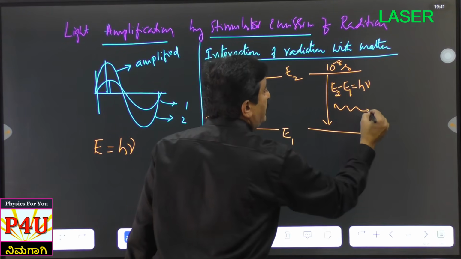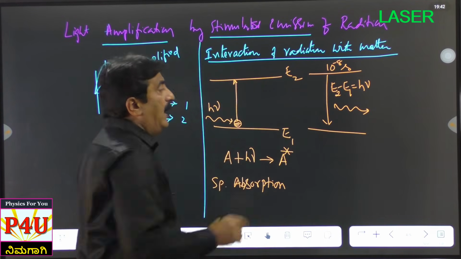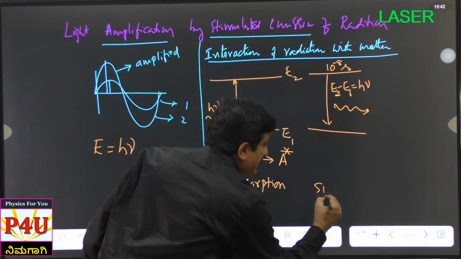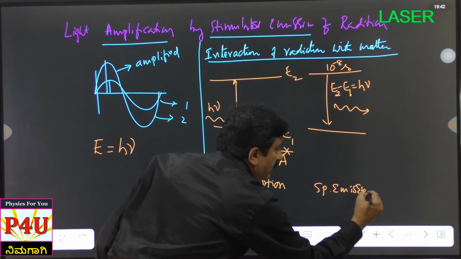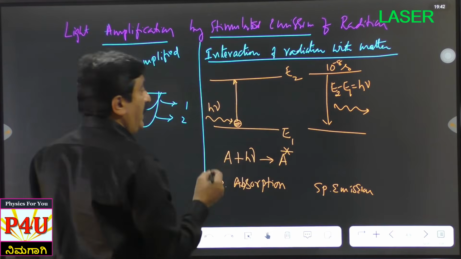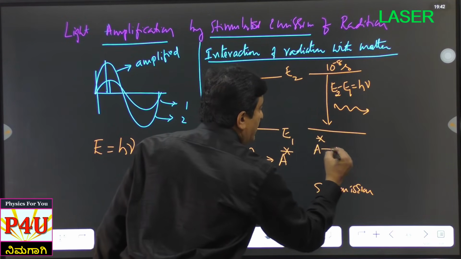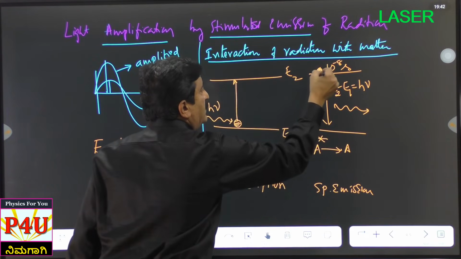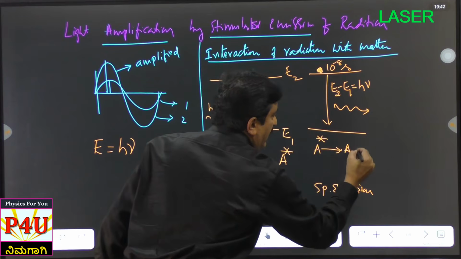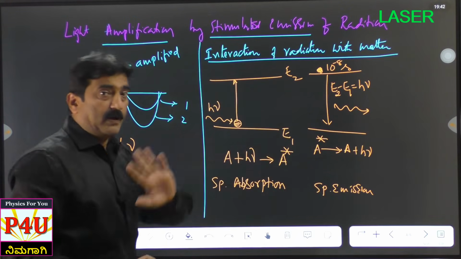So that means it emits one photon. This is also called emission, and this is happening spontaneously. I call it spontaneous emission. Understood? Spontaneous emission. In the form of equation, I can write A star equals A plus h nu, that means atom will return to ground state and photon is released. These are the 2 possibilities.